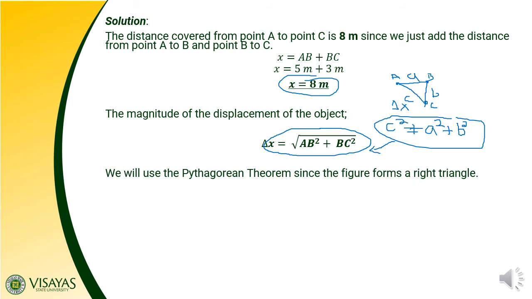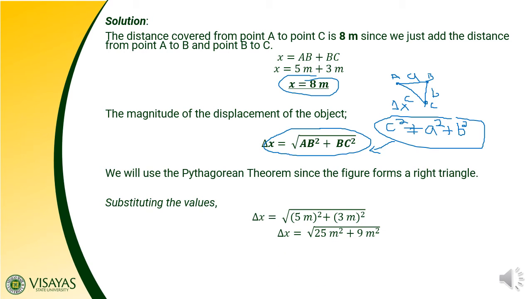So next, we will use the Pythagorean theorem since the figure forms a right triangle. Substituting the values, we have change in x is equal to square root of 5 meters squared plus 3 meters squared. The value of AB is 5 meters. The value of BC is 3 meters. So we will square those two values. So change in x is equal to square root of 25 meters squared plus 9 meters squared. 5 meters squared is equal to 25 meters squared, and 3 meters squared is equal to 9 meters squared.